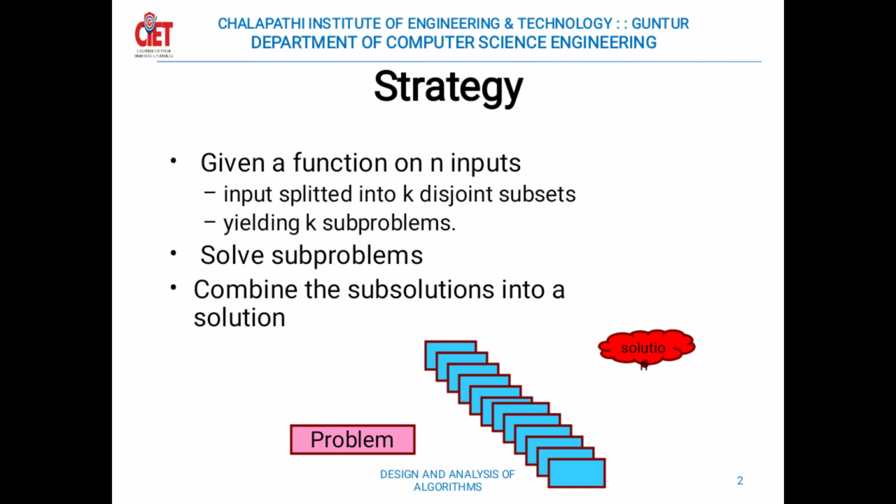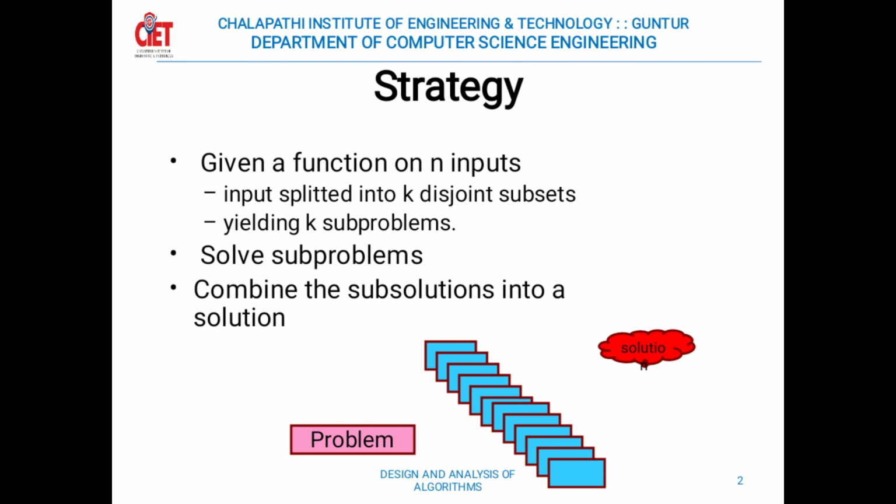In that way, we repeatedly perform the division operation and it divides the problem repeatedly into subproblems until the problem becomes simple to solve. Once the subproblems are simple to solve, the subproblems are solved separately.